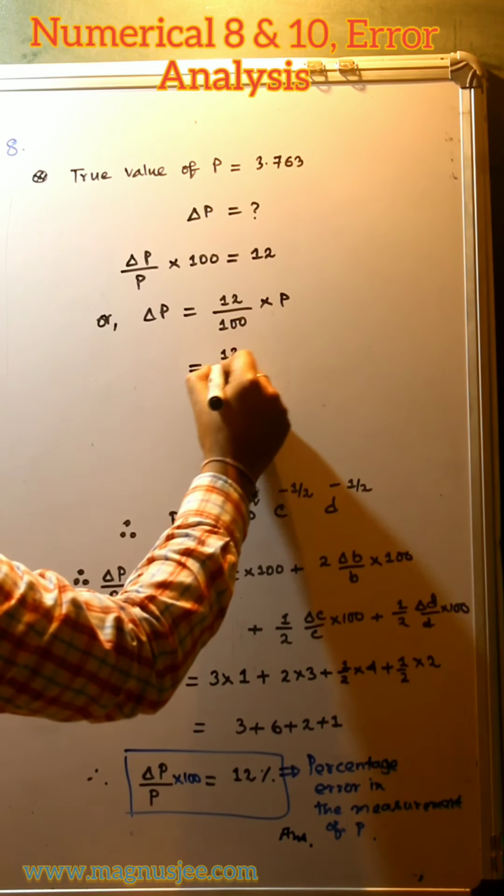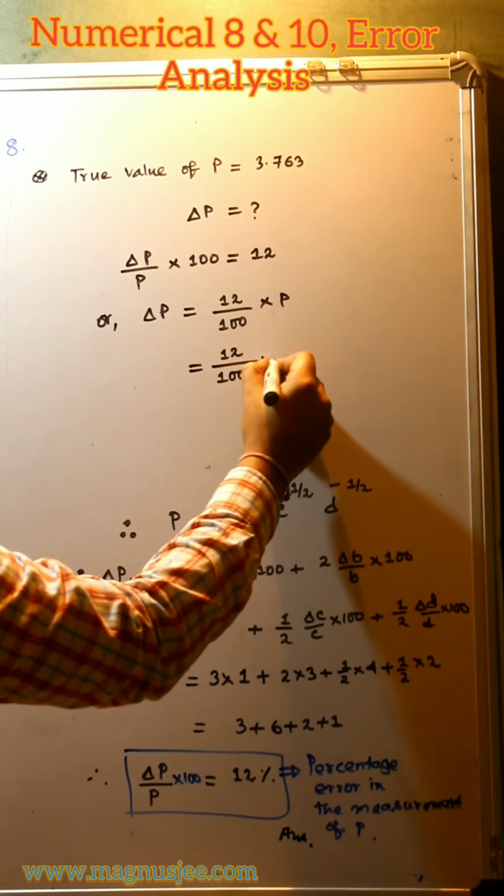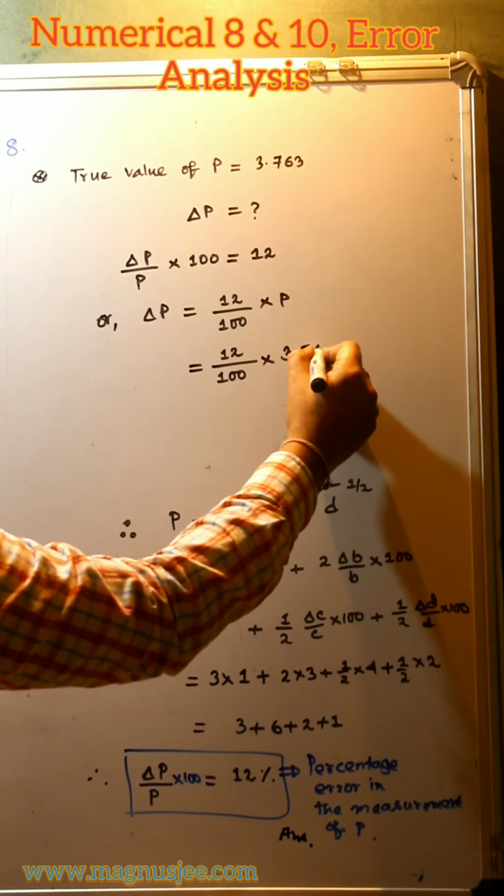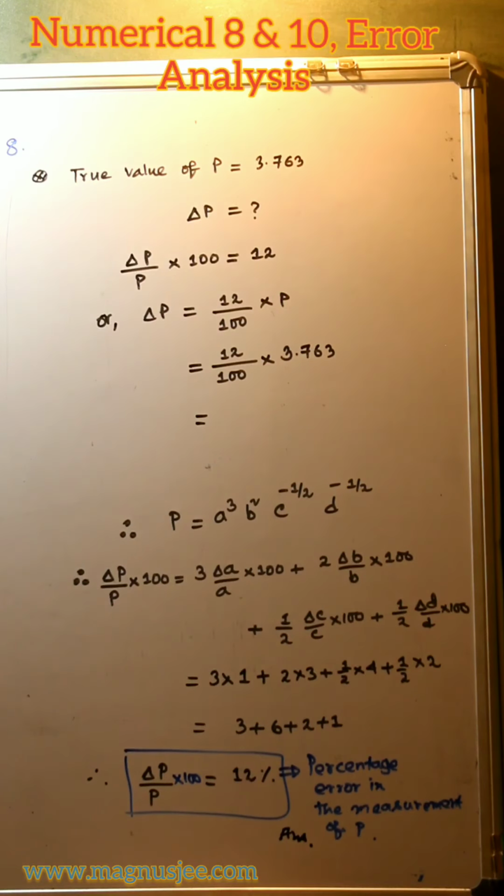So 12 by 100, the value of P is 3.763, and if we find this value, it will be 0.45156.